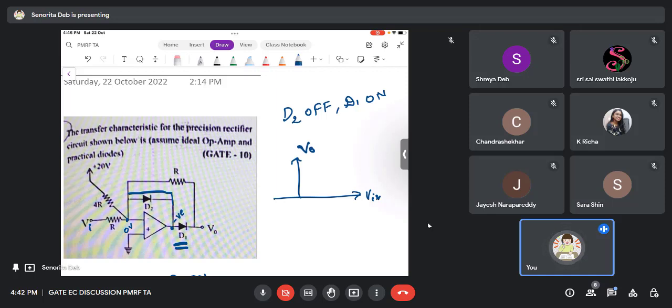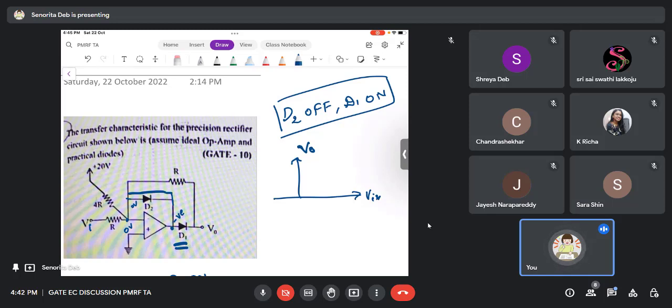Therefore, I'll start from solving D2 off and D1 on. Is this approach fine? Clear to all? Why I started with D2 off and D1 on? So that you have to think. And when I say think, I mean that you can write it down also. That is fine. But you have to understand that D2 will be on only if, since the P junction is at 0 volts, N has to be negative, lesser than 0 volts.